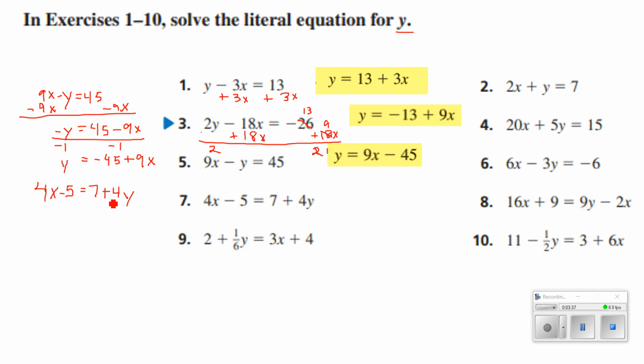So if they do this one correctly, I should have had to subtract 7 from both sides. We have like terms there. It's going to give me 4x minus 12 is equal to 4y. And then I would have to divide 4 away from 4y.